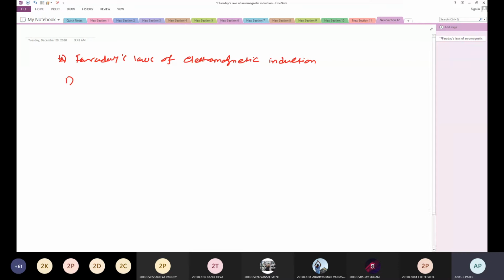So in second law, suppose N is equal to number of turns of coil. We have phi 2, that is final value of flux. Here I am considering phi 1, that is initial flux, and phi 2 is final flux.